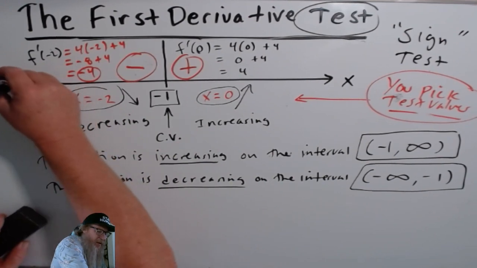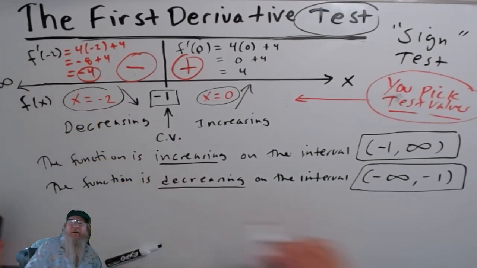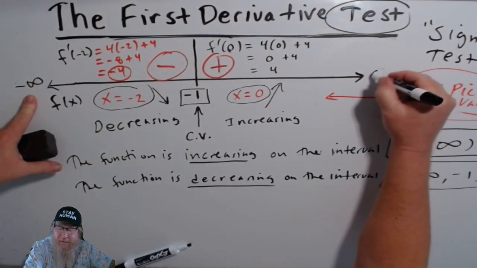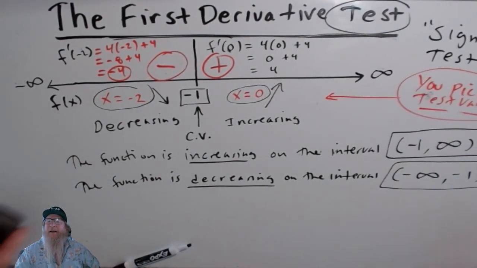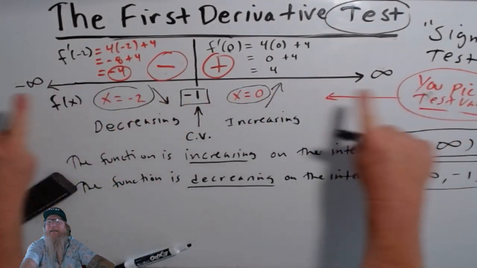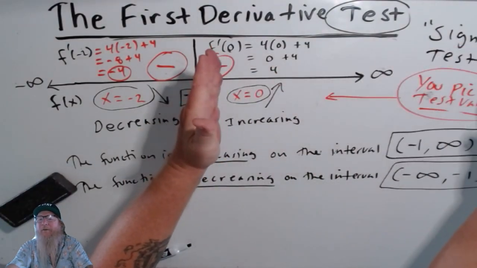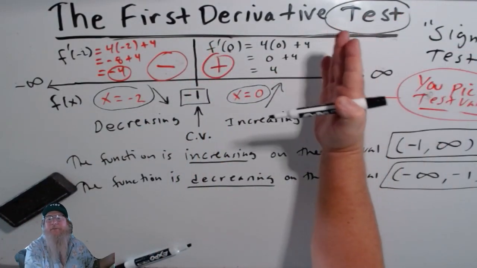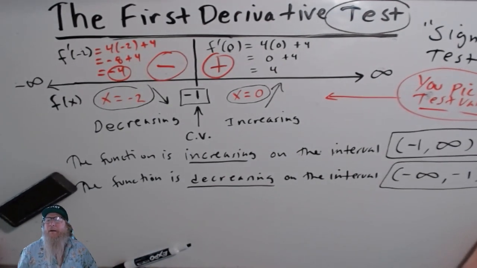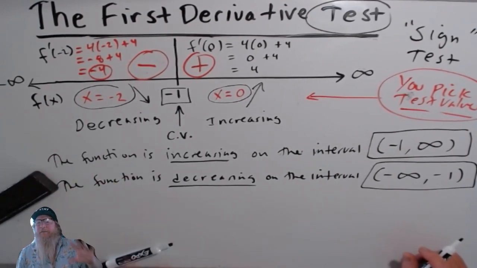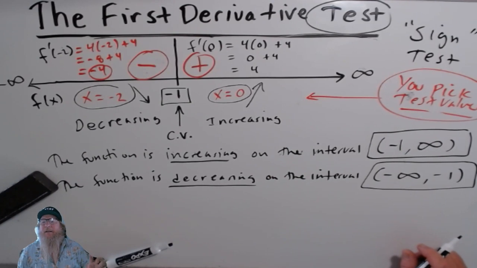Sometimes it's helpful to put -infinity on your number line here, and then positive infinity on the number line here, and then you can see that the test interval goes all the way to infinity, unless there's another partition number, but we don't have that. We only have one critical value, so that's it. So that's the answer. Increasing and decreasing. So the first derivative test tells us that the graph is increasing or decreasing.